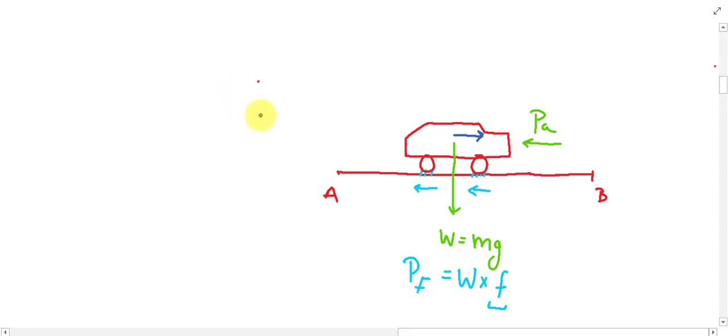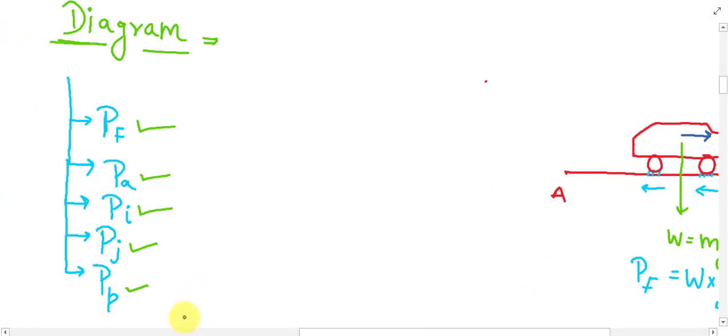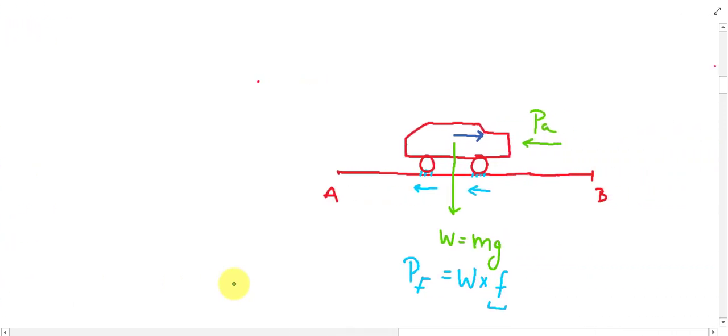Now there is the last one, that is PP, which is transmission losses. Suppose the power produced by the engine is P naught, and the power delivered to the tire is P2.